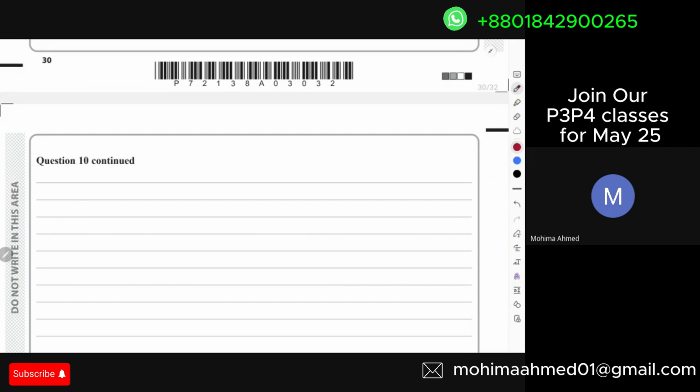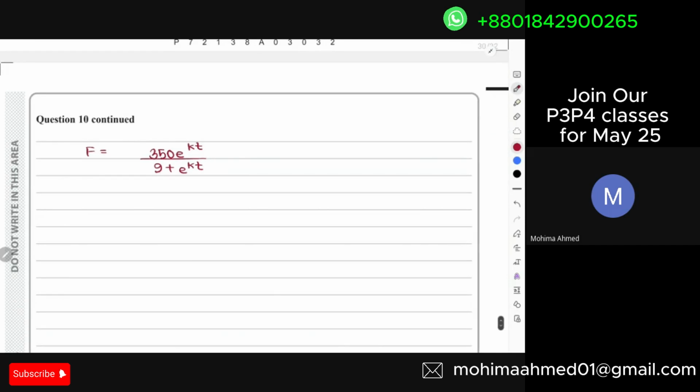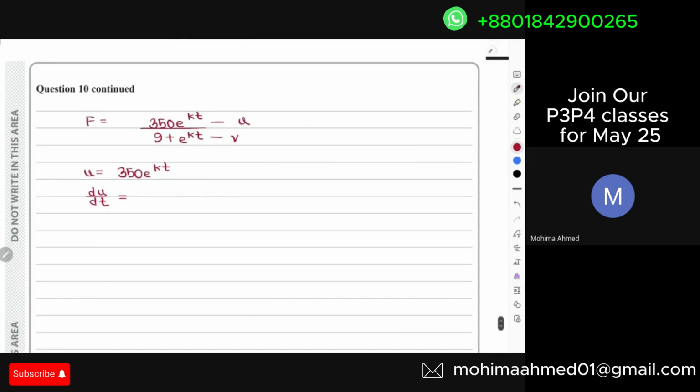So if it was actually 350 e power kt over 9 plus e power kt, right? So this is my u and this is my v. So u is 350 e power kt. So du by dt is going to be what?